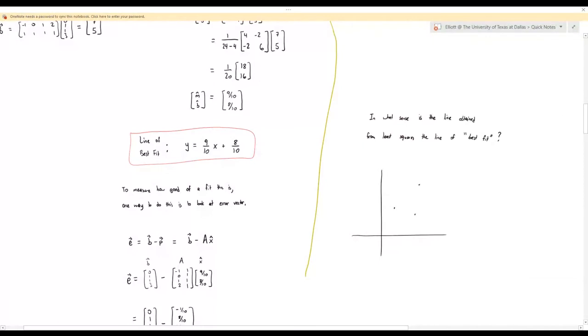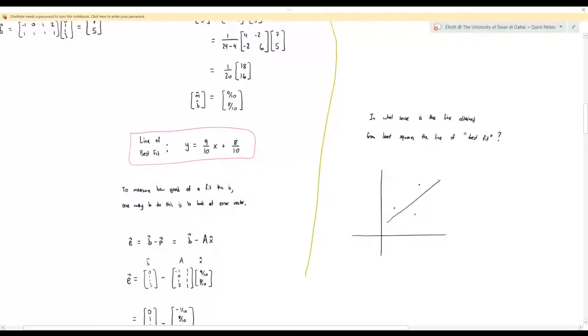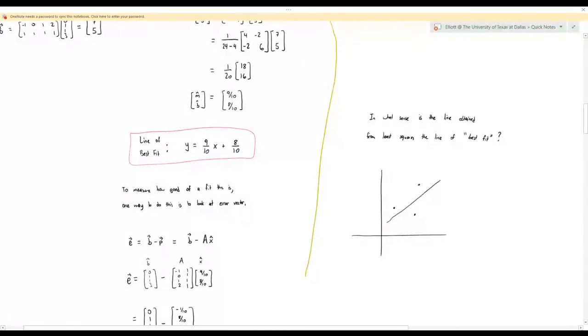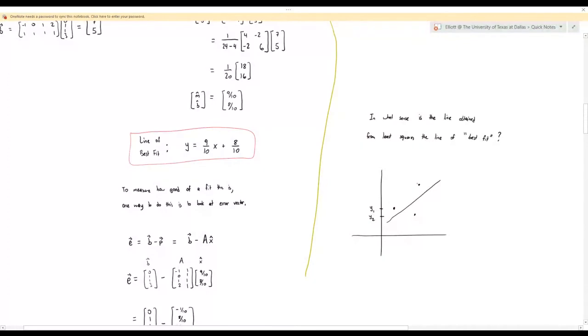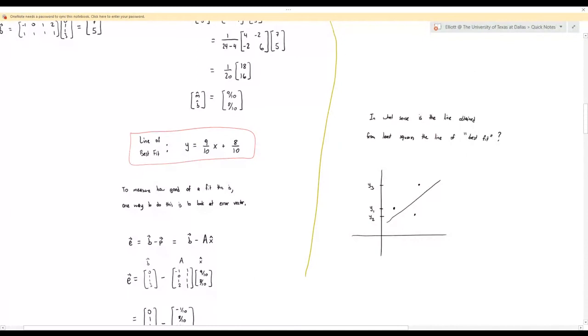Let me draw a line passing through those points. Now let's say that the y components of these 3 points are y1 for the first point, y2 for the second point, and y3 for the third point.